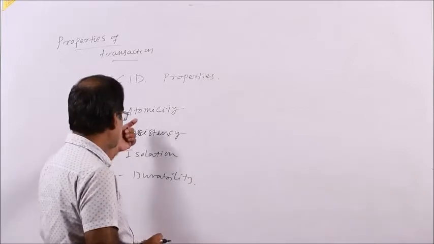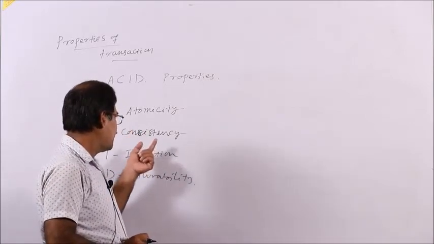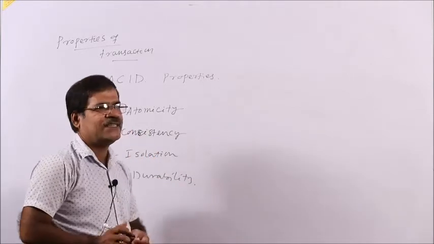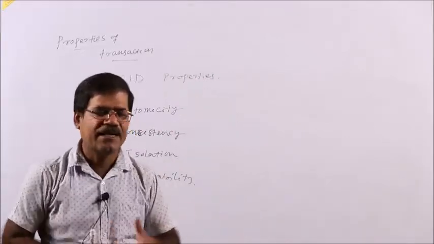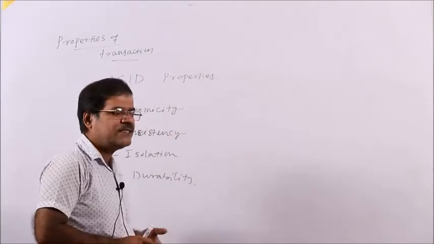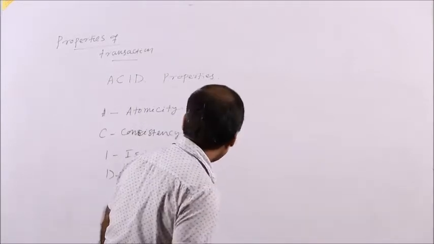Atomicity, consistency, isolation, durability. There are 4 properties of any transaction. That is called the ACID properties of a transaction.